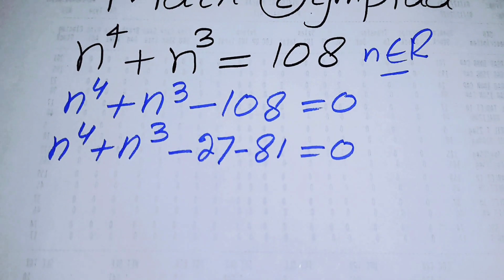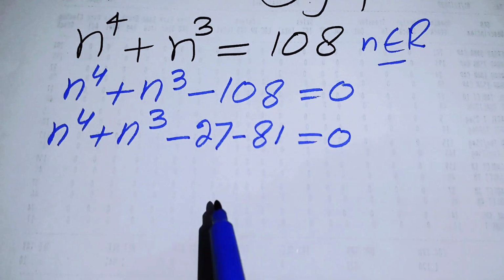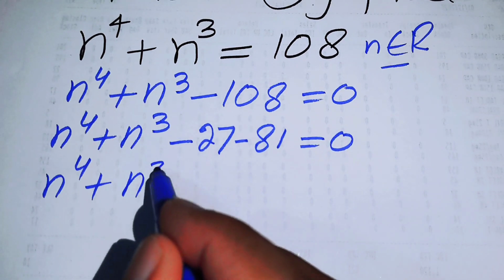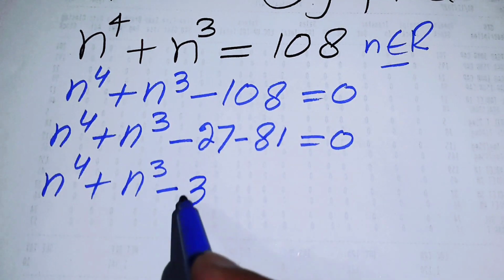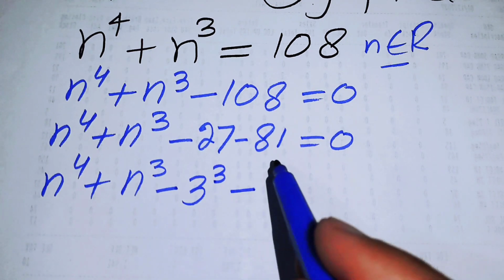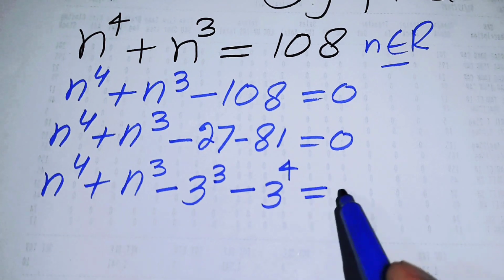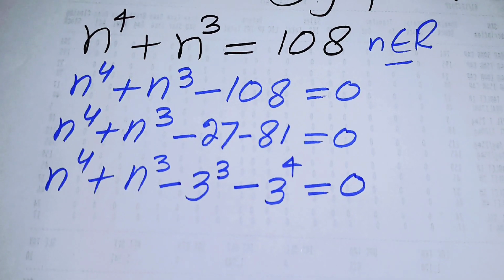So after this step I can again rewrite this equation as n to the power of 4 plus n cubed minus 27, and we will write it as 3 to the power of 3, and here you have minus 81 and we write it as 3 to the power of 4, and this whole equation is equal to 0.